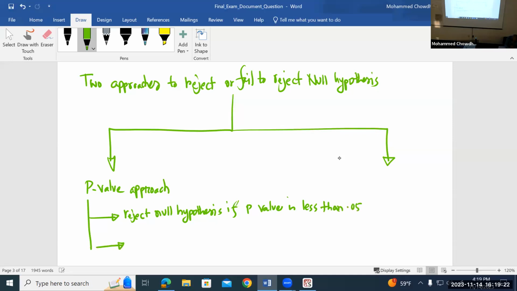Okay. Fail to reject the null hypothesis if p-value is greater than 0.05. Understand, right?